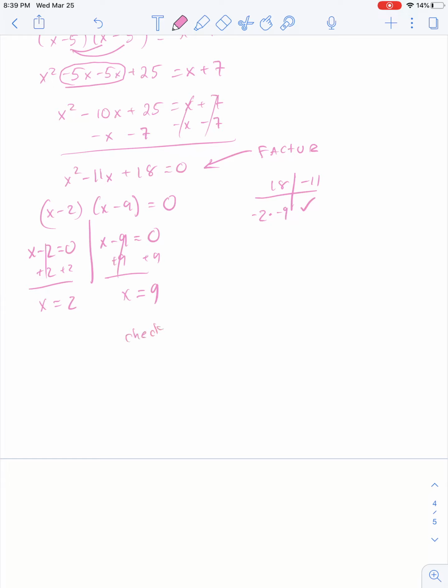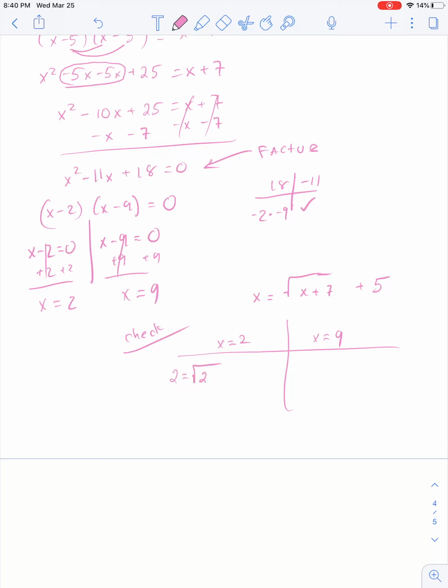And once again, we want to check our work. Right, we have an answer of 2. We have an answer of 9. And our original problem was x equals the square root of x plus 7 plus 5. So we replace.